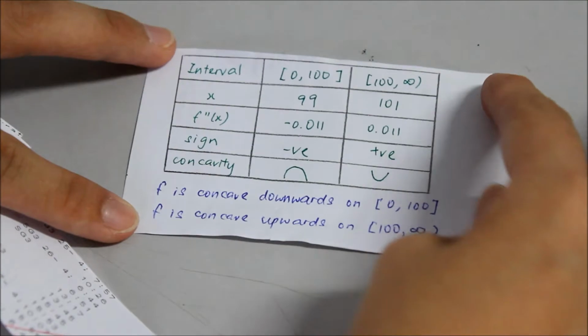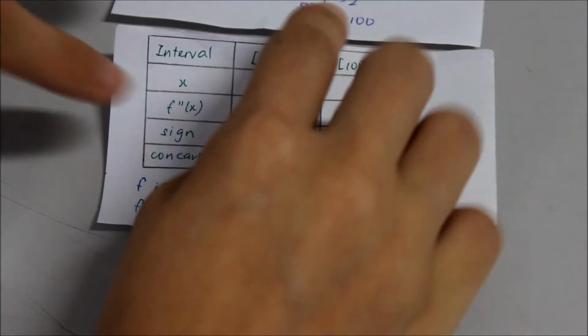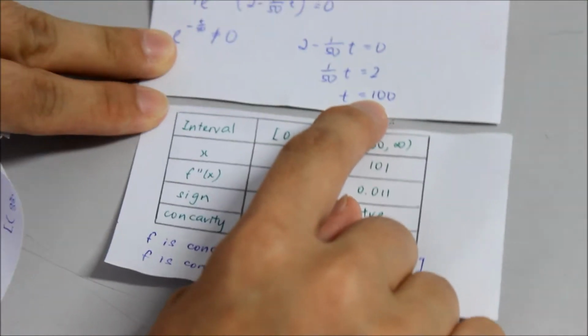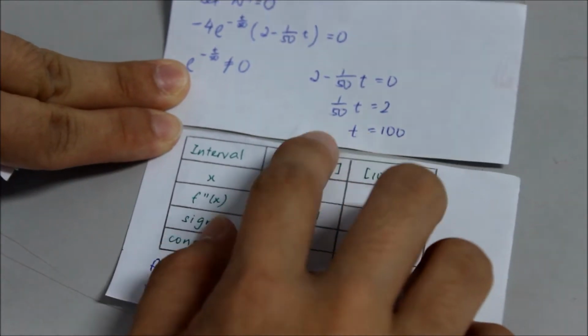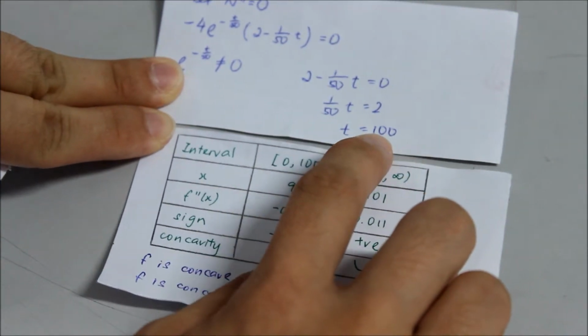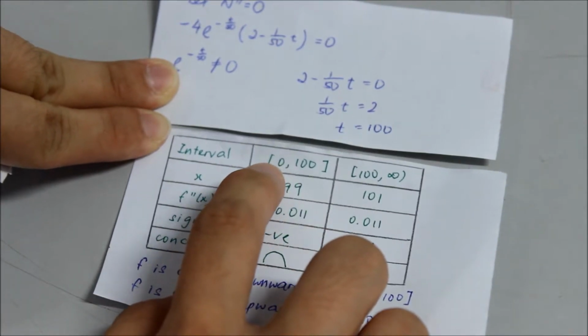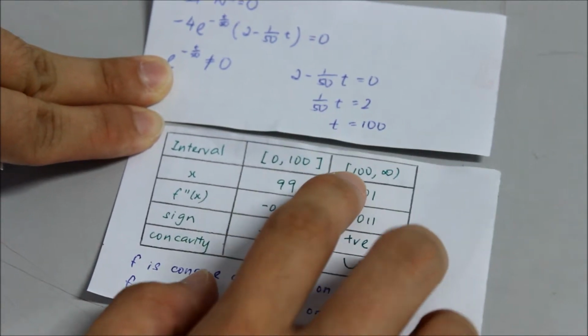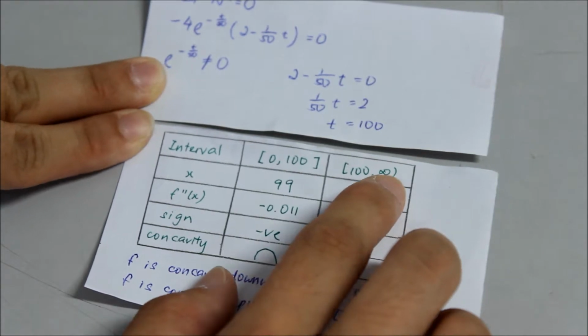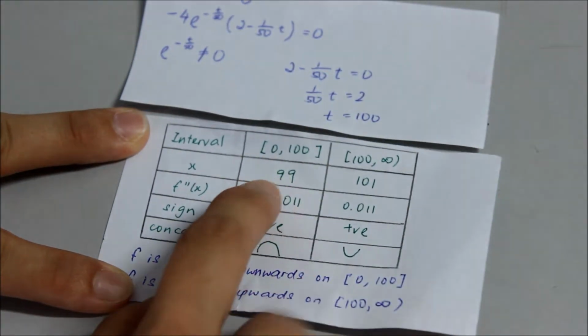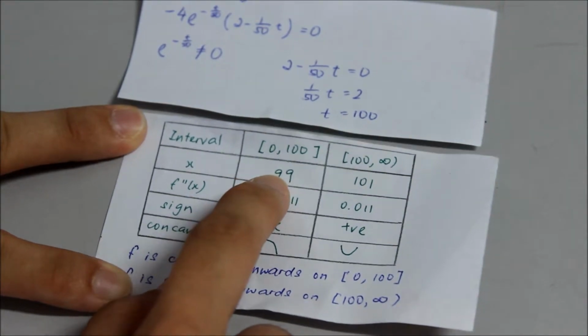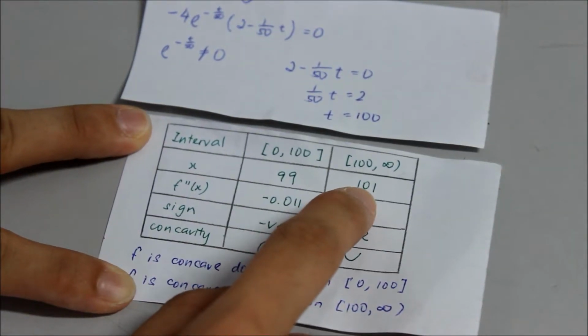Now we have the point t equals 100, and we find the intervals before and after t equals 100. So our intervals will be 0 to 100, and after is 100 to infinity. We use a reference point within each interval, 99 and 101.